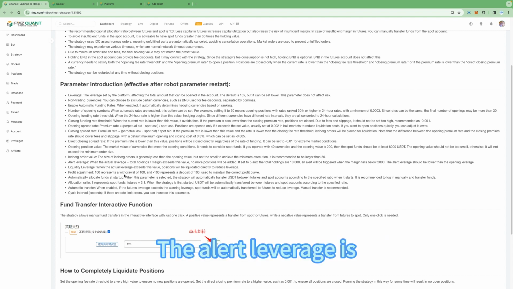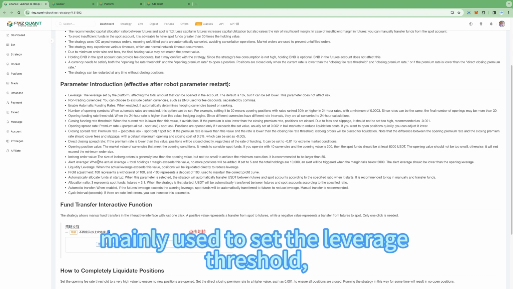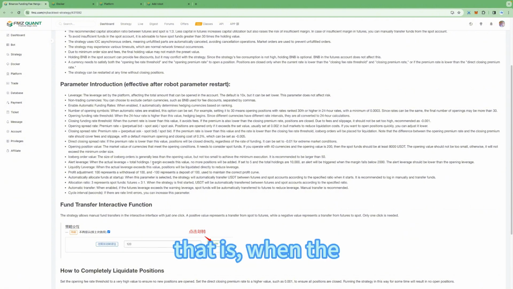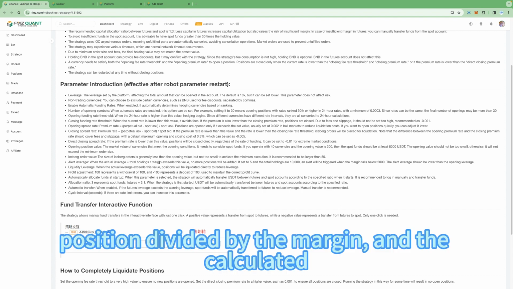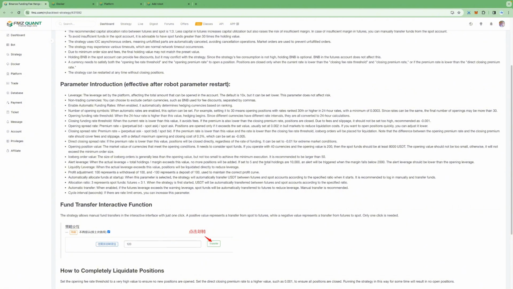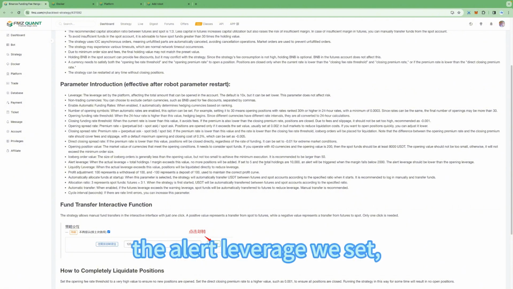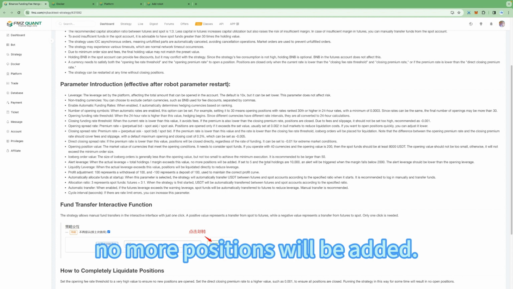The alert leverage is mainly used to set the leverage threshold. That is, the actual leverage is equal to the total position divided by the margin, and when the calculated actual leverage value is greater than the alert leverage we set, no more positions will be added.